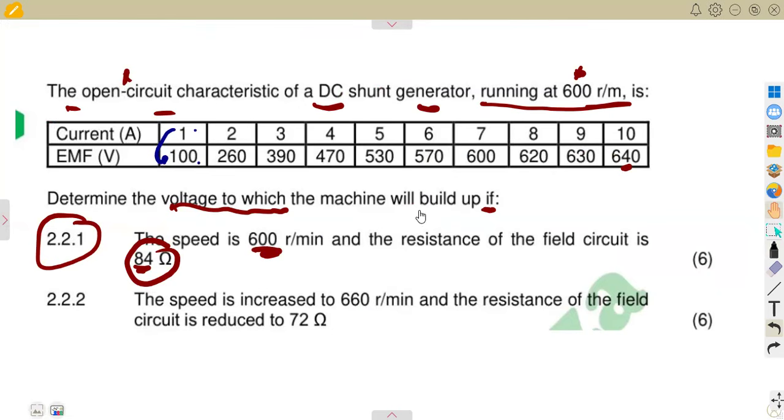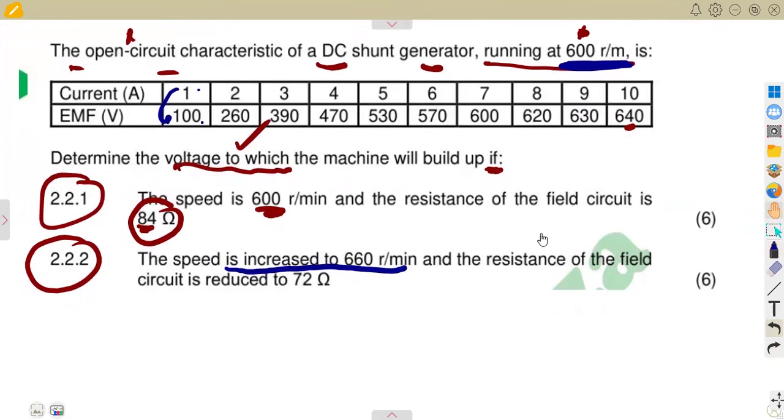This time they are saying we need to determine the voltage, but look what is happening on 2.22. If we are still on this condition, if the speed is increased, take note, it has increased to 660 revolutions per minute from the 600 revs per minute where it was originally.